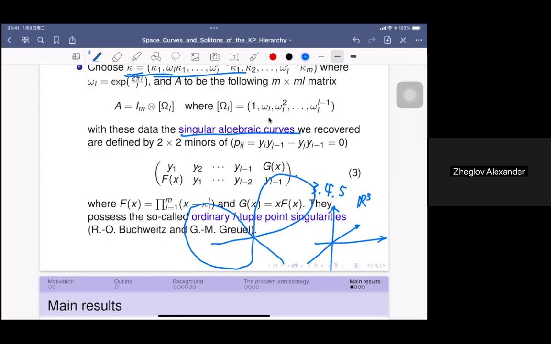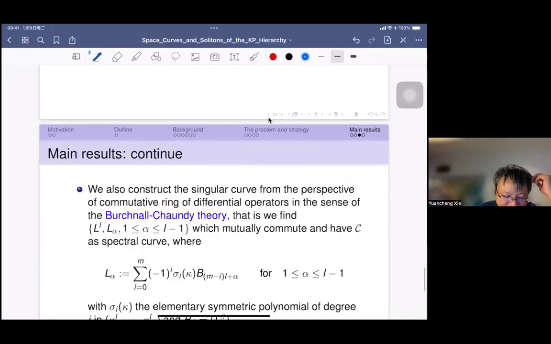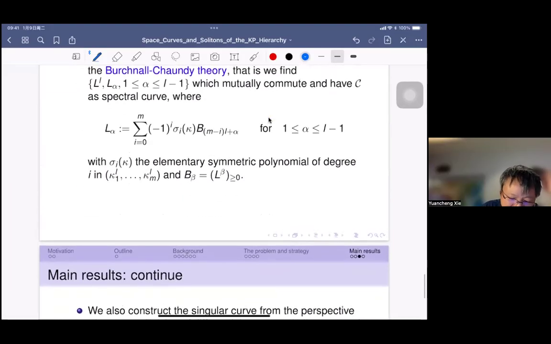And the other thing is their construction of this differential operator. It's also very rare, because even in the theory of Burchnall and Chaundy, people know degree 2, degree 3, degree 2, degree 5 maybe.